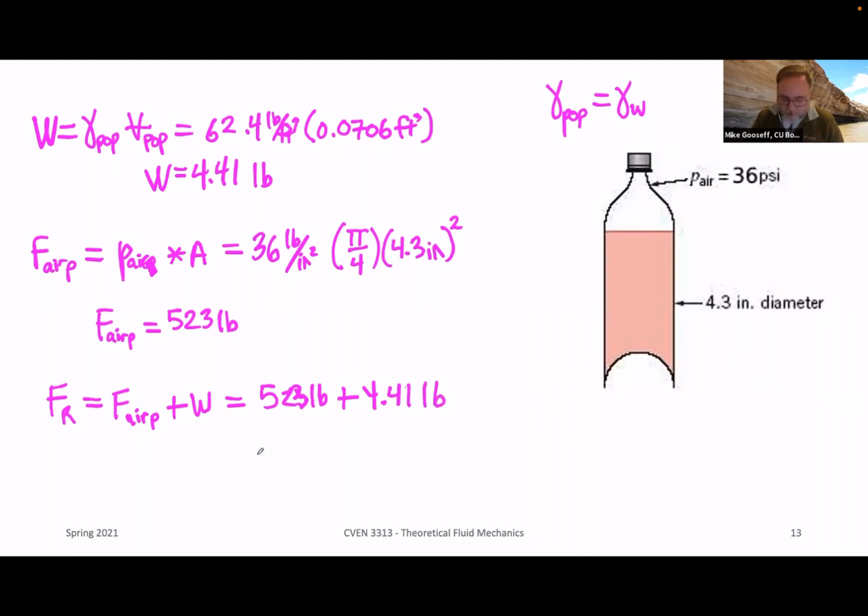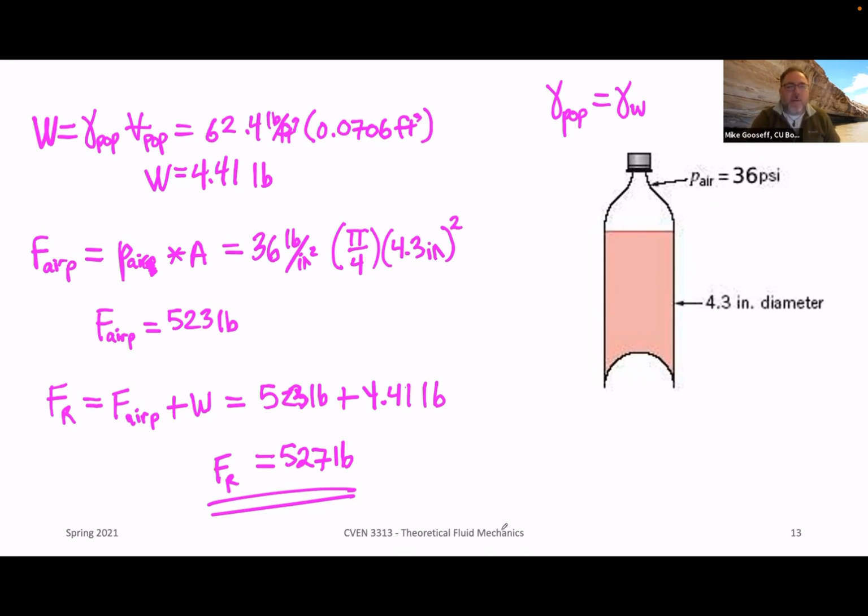Ultimately, we just call this 527, and yet I have done that without looking at my significant figures, so just as an FYI, don't forget those. But the idea is we're somewhere in the low 500s range for the amount of force that we have to hold in with the bottoms of these bottles. So next time you deal with one of these soda bottles, be a little bit impressed by the engineering that goes into these containers.